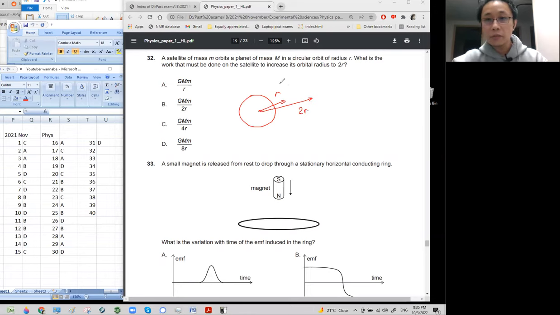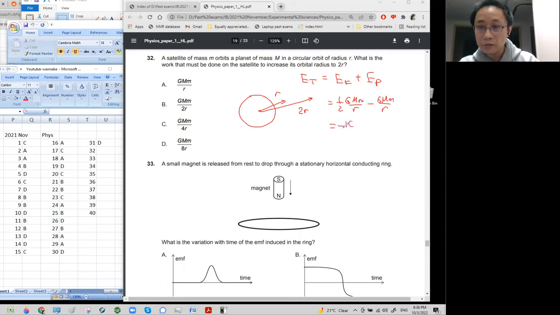The total orbit energy of a satellite, as opposed to the object being stationary, the E total of an orbiting object is the same as the negative of the KE. In general, EK plus EP equals half GMm over R minus GMm over R, equals negative 1/2 GMm over R.